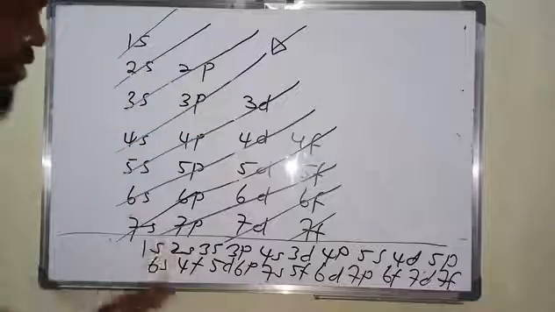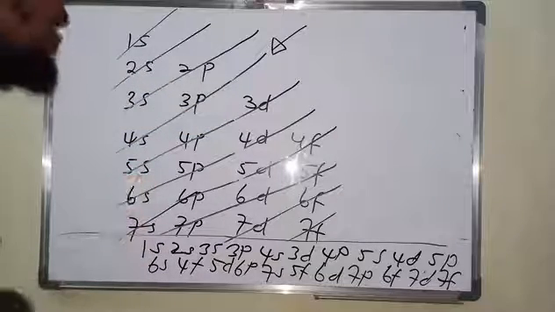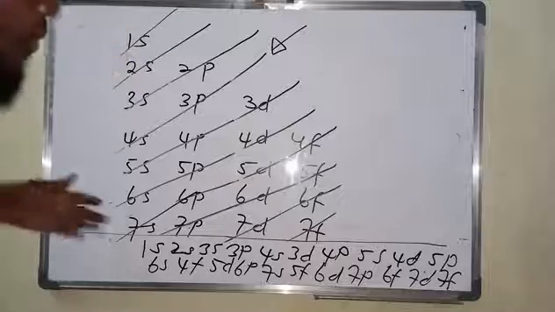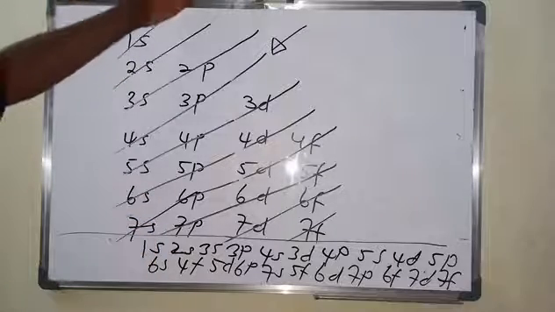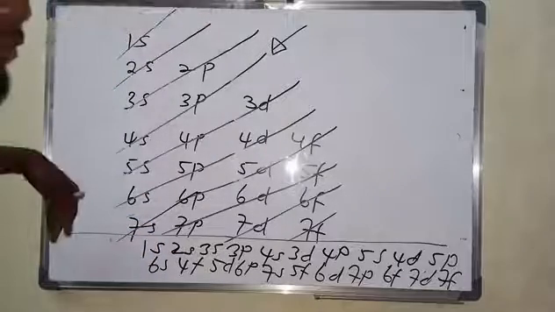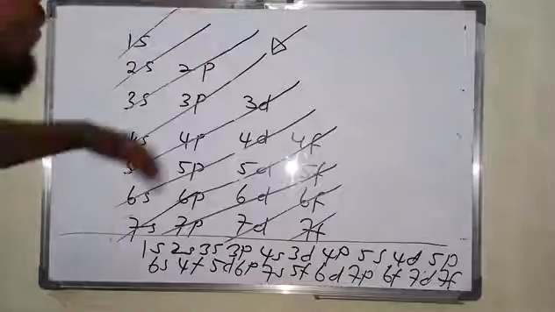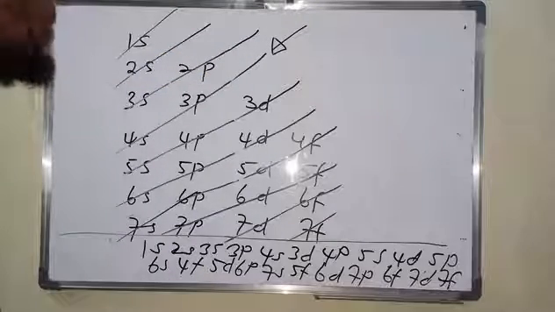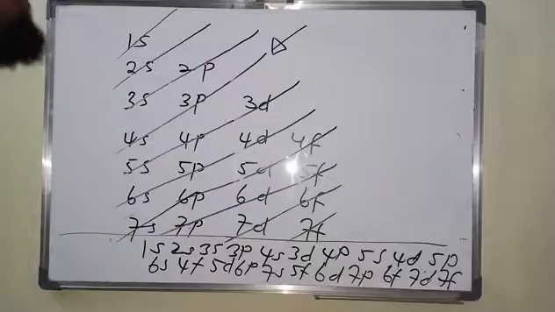Then the rest, you can have the SPDF completed. Then you draw a diagonal line through them and start writing from top to bottom. You understand? So this will assist you in knowing the correct format of writing the electron configuration using SPDF.